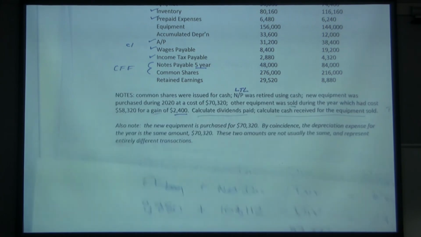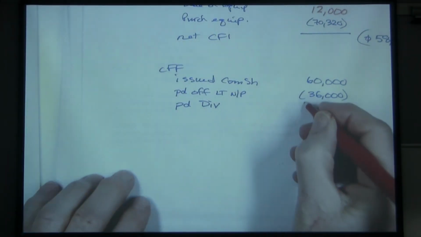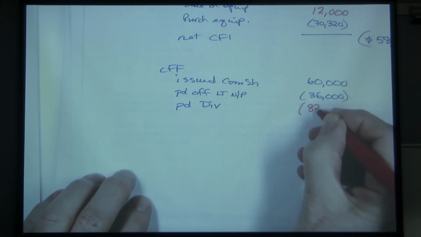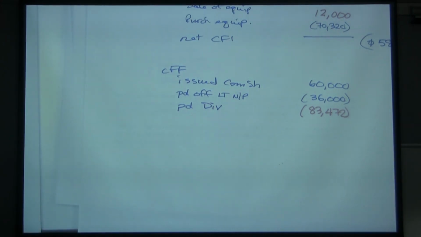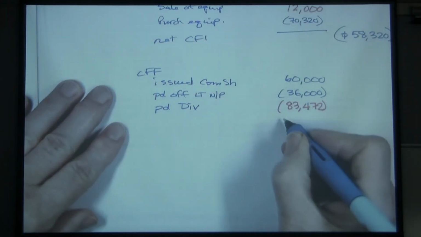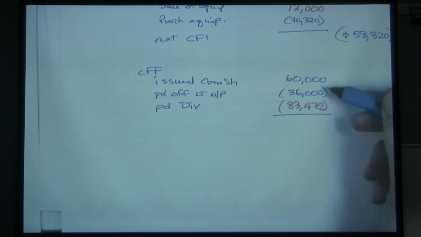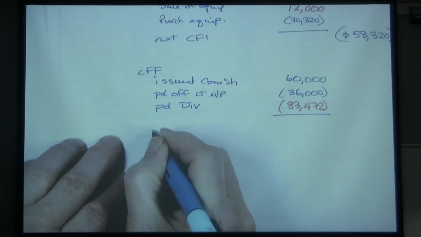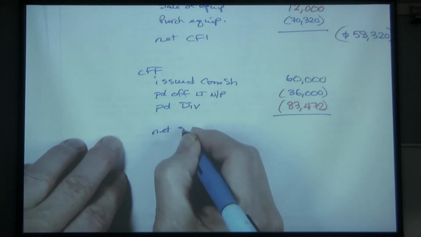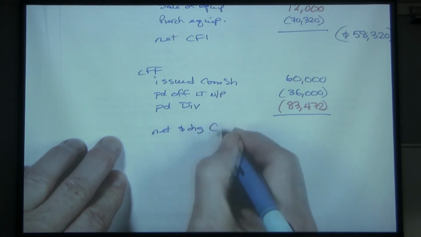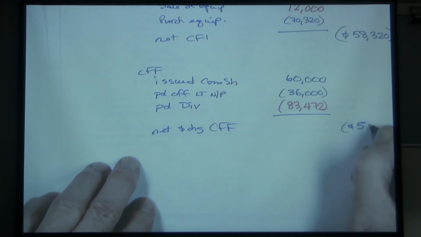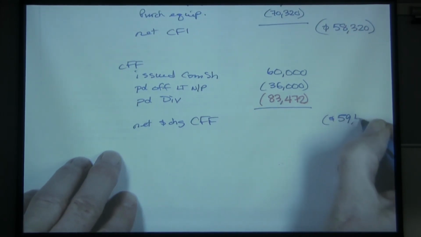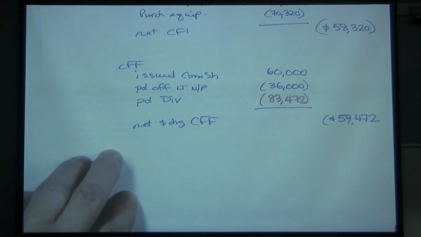So we will go back and record our dividends paid, the negative cash flow of 83,472. Okay. So our CFF, we add these three items together, so this is net cash change in CFF, negative 59,472.